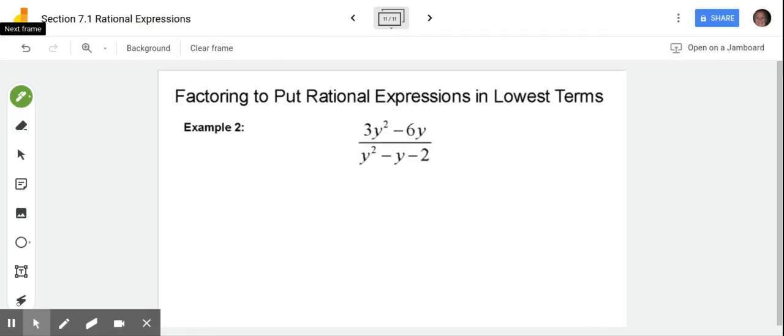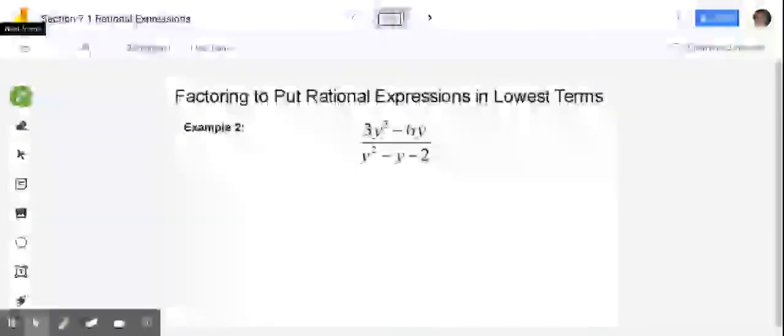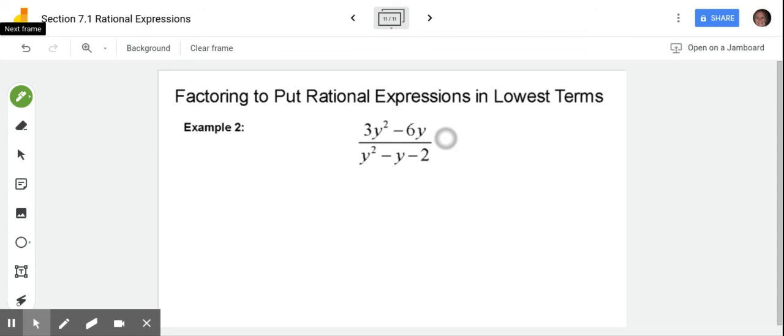Factoring to put rational expressions in lowest terms. Okay. So we want to look at the top and the bottom and see if there's a GCF. Is there a GCF between 3y squared and 6y? There is. It's 3y. And when I factor out that 3y, I'm left with y minus 2. Okay.